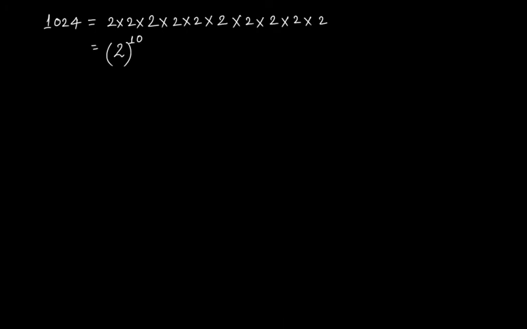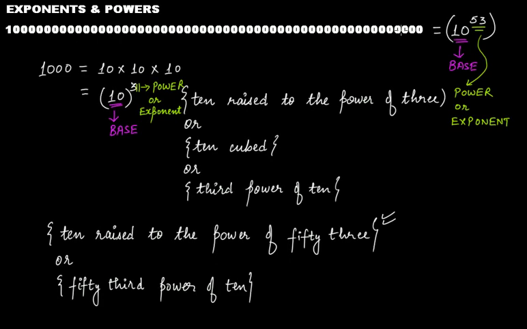So in this case, 2 is the base, and this 10 is the power or exponent, right? So this is one use, to write a very large number in a much shorter way.